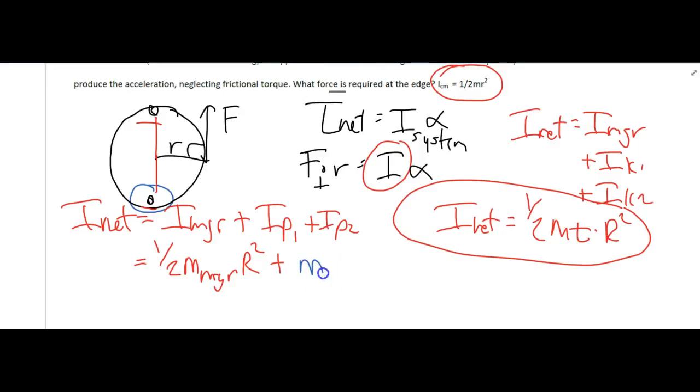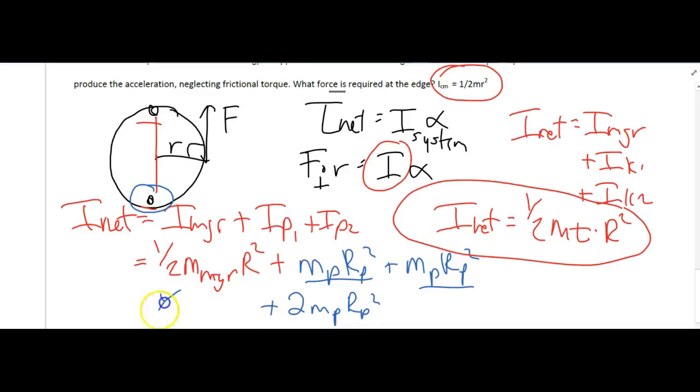So I would do mass of the person times R of the person squared plus mass of the second person times R of the person squared. If you notice, they had the same mass, so I could change this a little bit more and say this is 2 mass of the person times R of the person squared plus 1/2 merry-go-round times its R squared. So that is why we need it, just to be able to solve I.